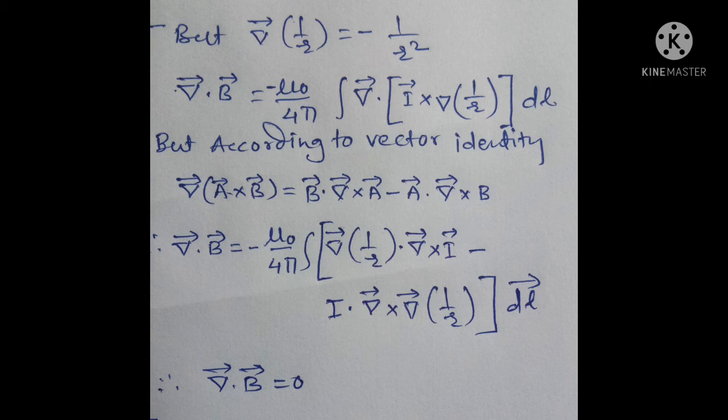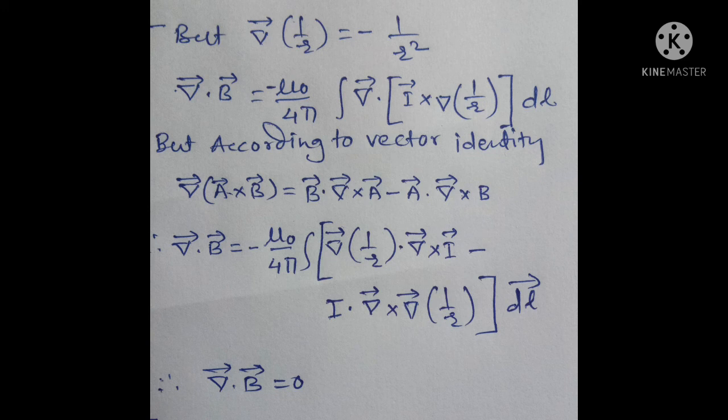Putting this value in the above equation, we get vector del dot vector B equal to minus mu 0 divided by 4 pi into integration vector del dot, in bracket, vector I cross del in bracket 1 upon r, bracket complete, into vector dl.